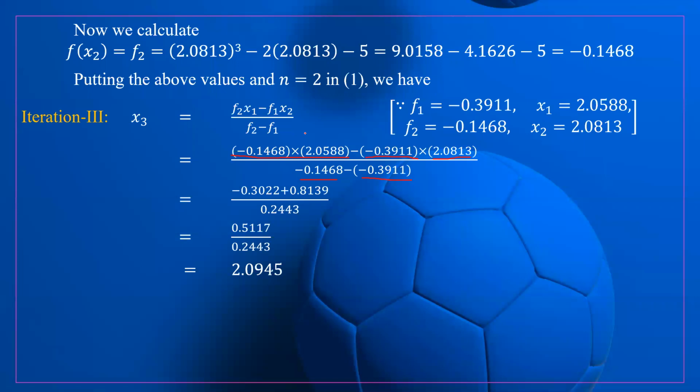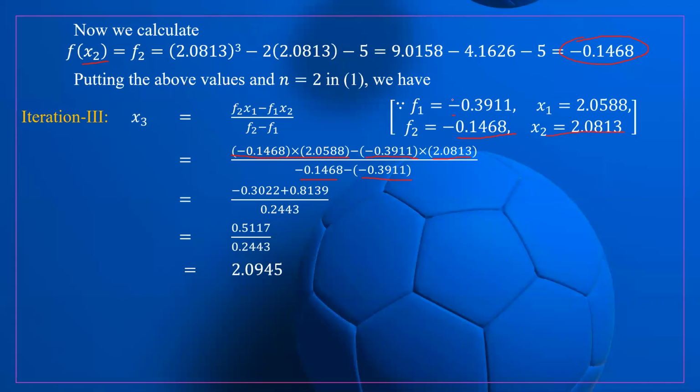I think there is some mistake over there. I think the value of f1, because for x2 we are getting a negative value, correct? So here f2 is correct, minus 0.1468, and x2 is equal to 2.0813.